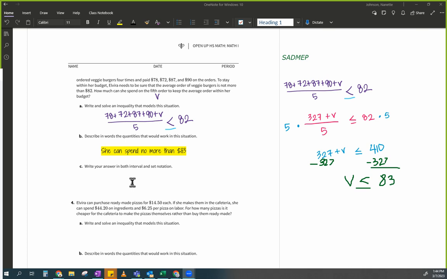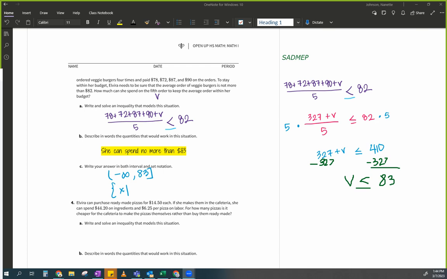So here's my answer. You guys might get mad at me. Here's my notation. What would I write here?